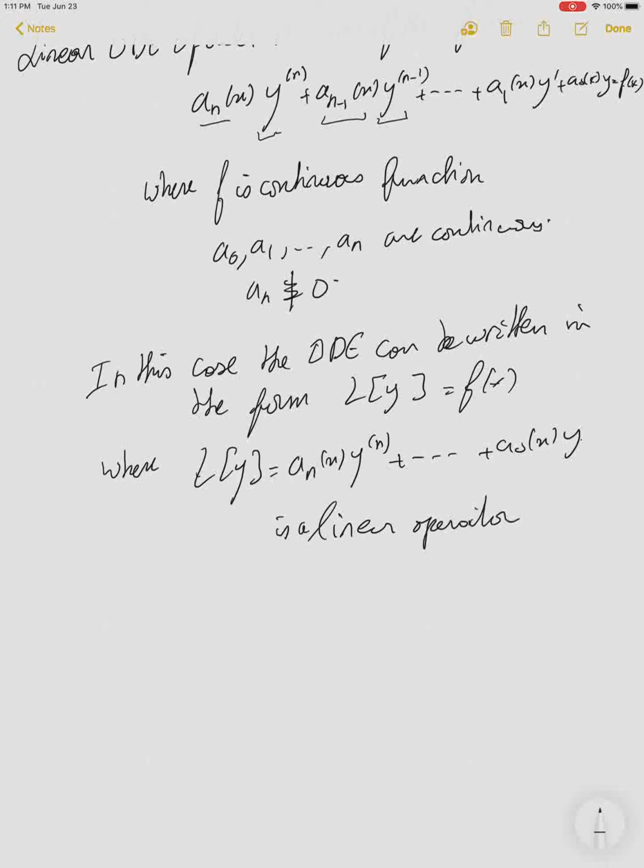You can see that's a linear operator. You can prove it as I proved that the derivative is a linear operator.